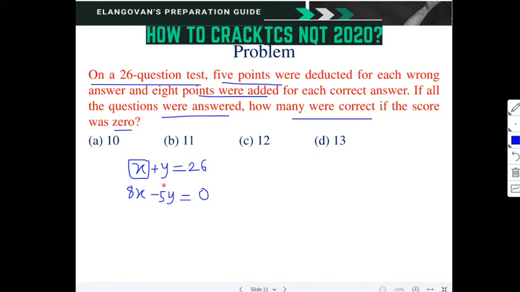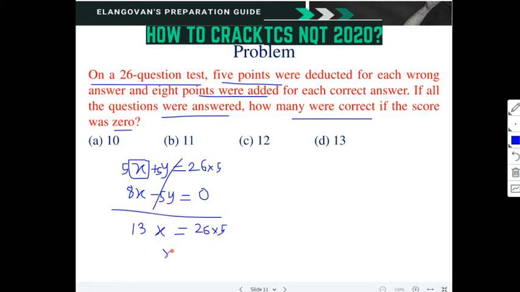Right, now how to solve this? The basic elimination method. I am multiplying 5 with all the terms of the first equation. So this gets cancelled. 5 plus 8 is 13. So 13x is equal to 26 into 5. I am not multiplying it, I am just taking it as 26 by 5 itself.